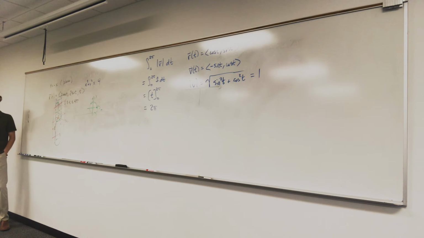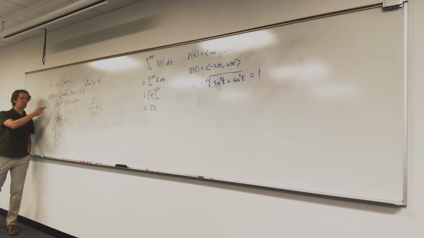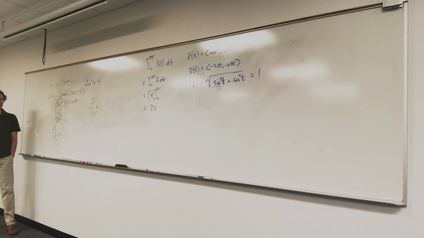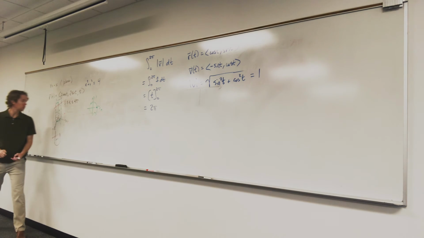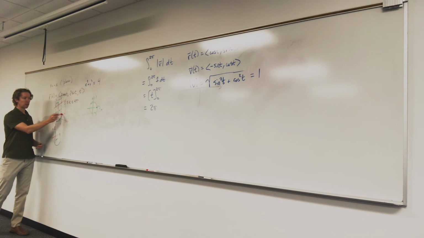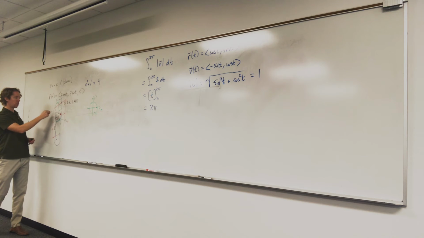How many times, John, do I expect that to hit the red plane now? 3 times? Okay, so let's see. It looks like we're going to hit it once as we come to this back part. And then as we come back around, we should hit it again somewhere.